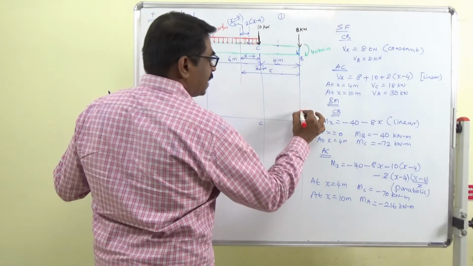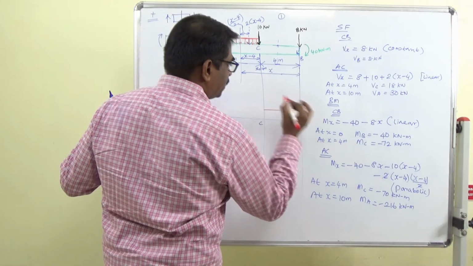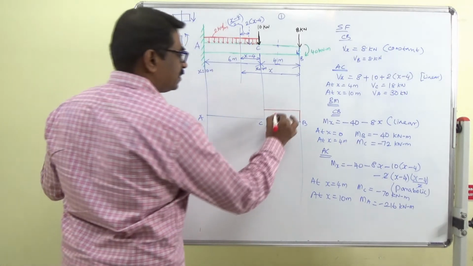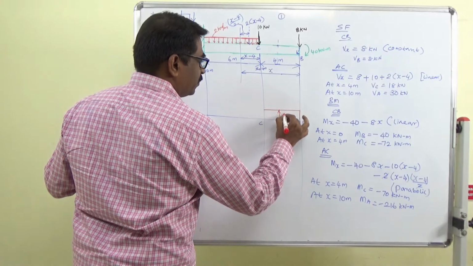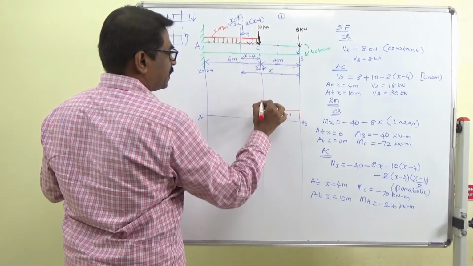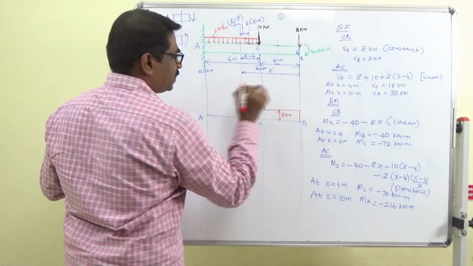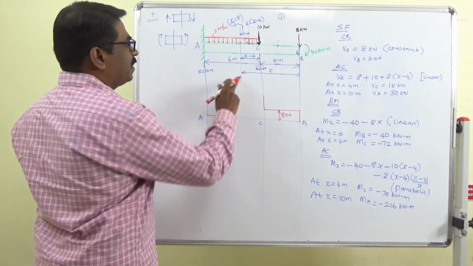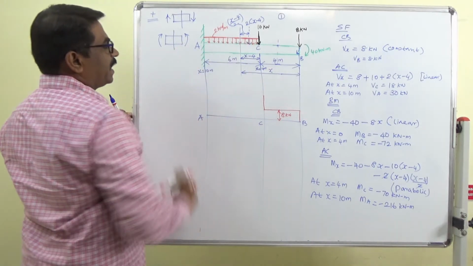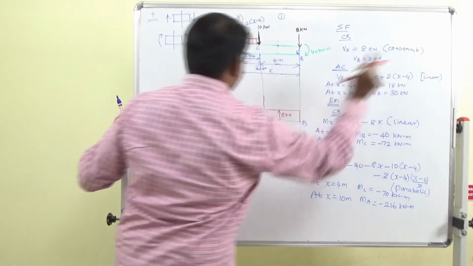The step is 8, and between CB it is constant. The value is 8 kilonewton, and then there's a step that is 10. The value is 10, and then between AC the variation is going to be linear.